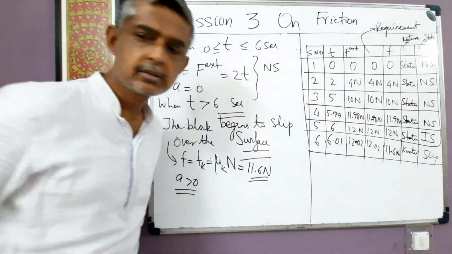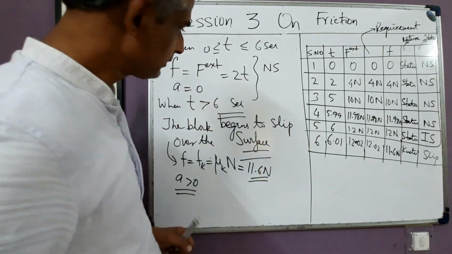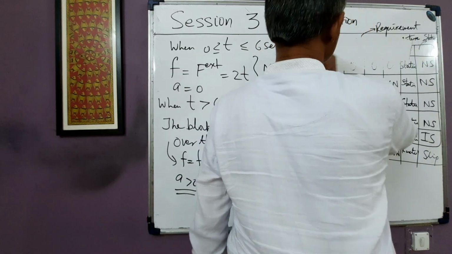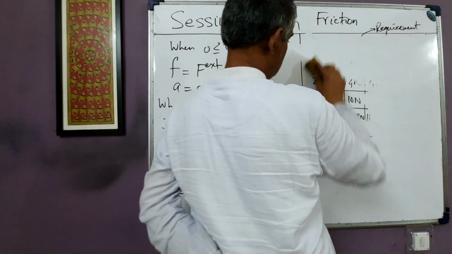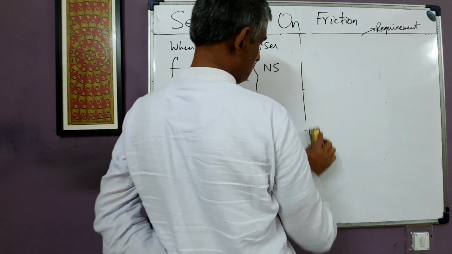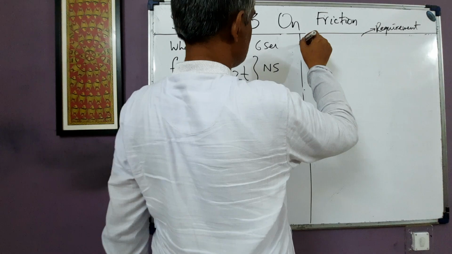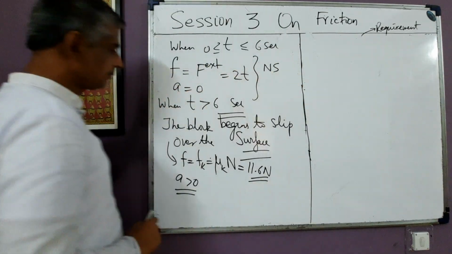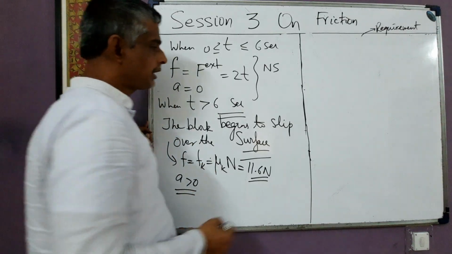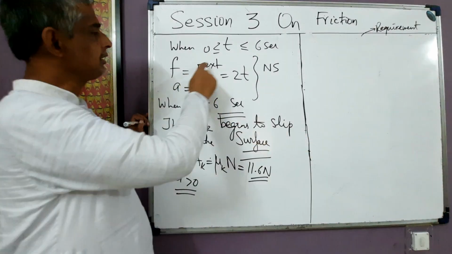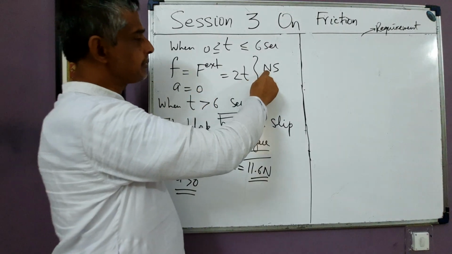But what conclusion can we draw from this? The observation from this numerical data is that if t lies between 0 and 6 seconds, then friction is just equal to the externally applied horizontal force and there is no slip between the block and the surface.